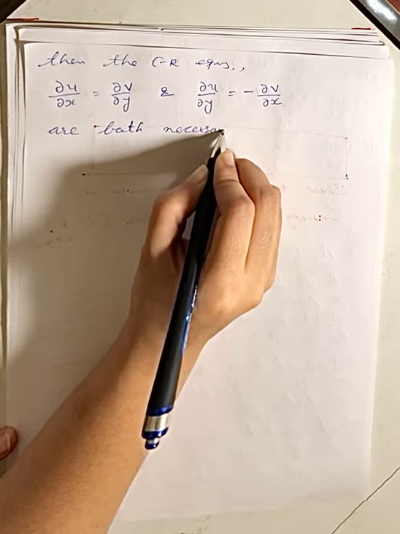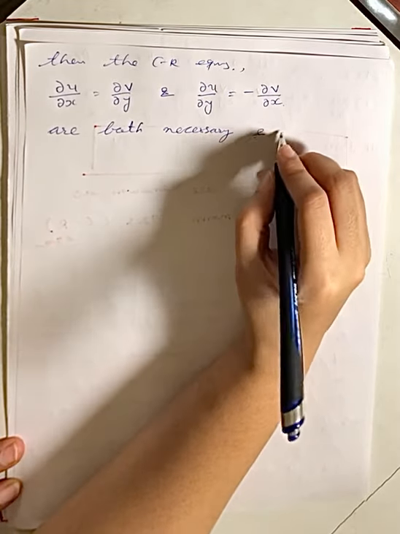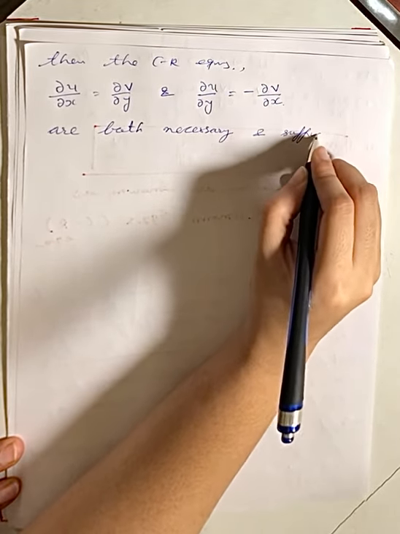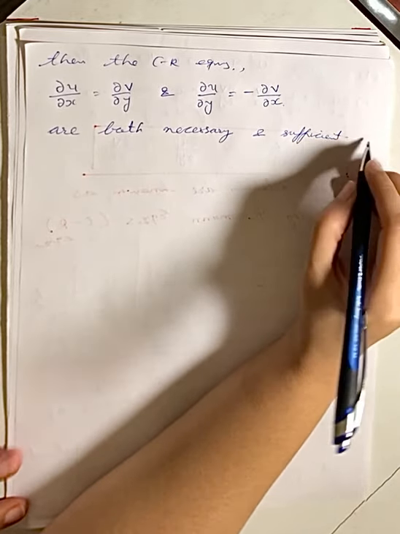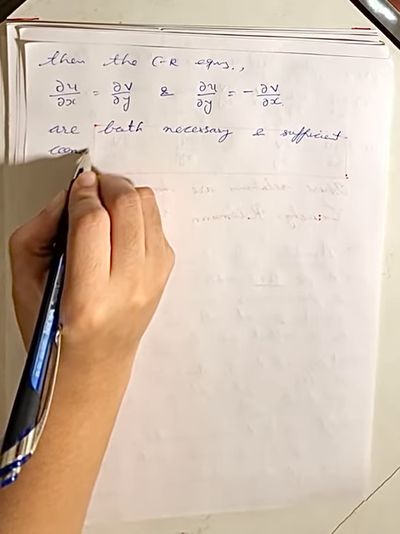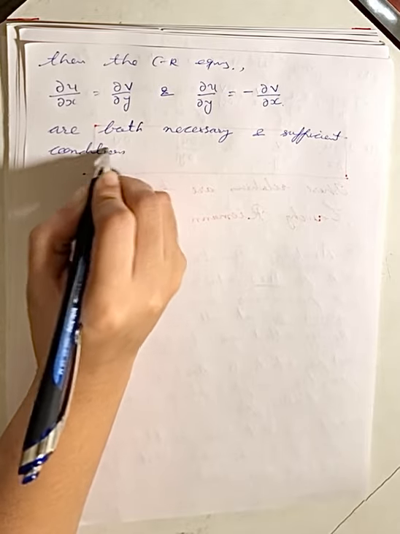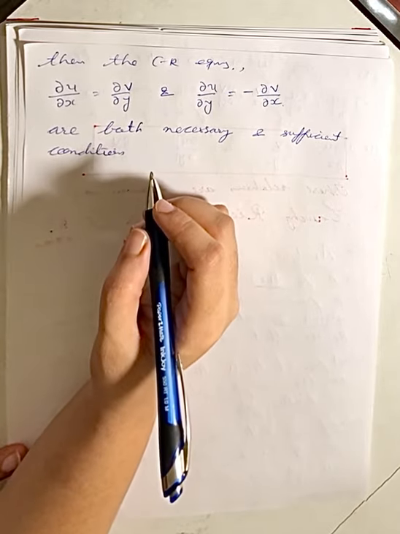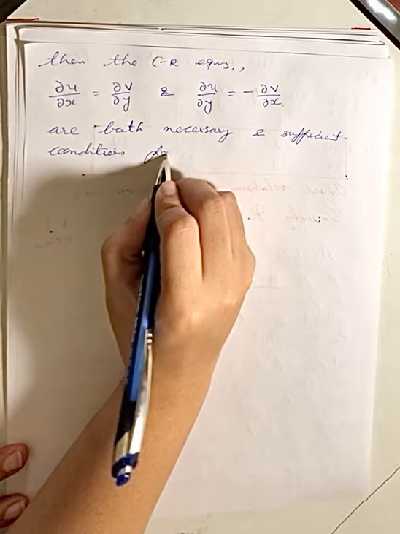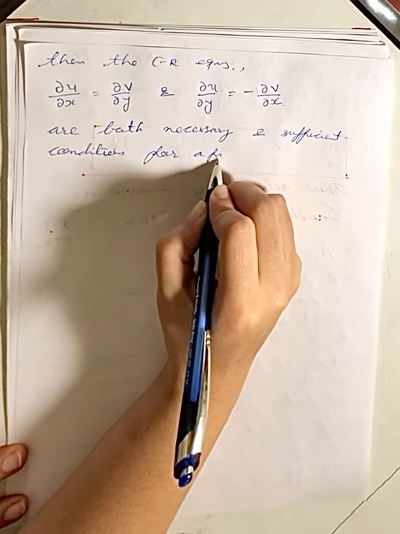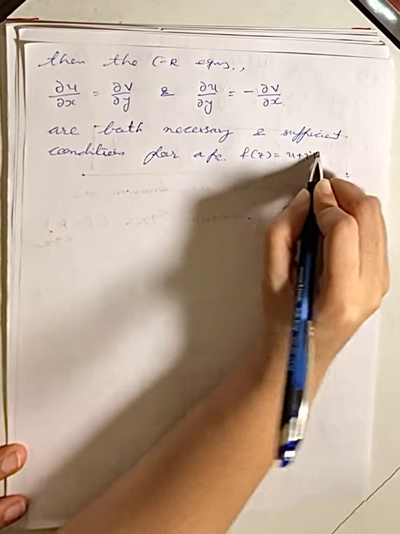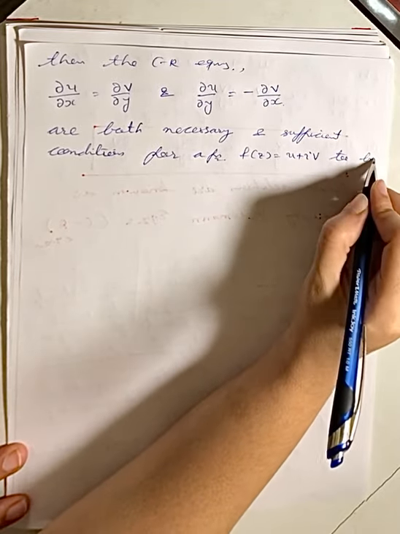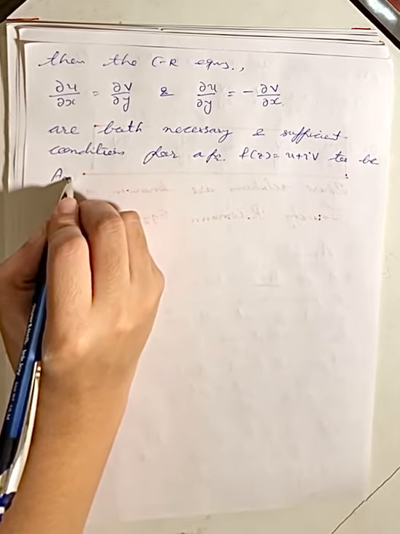These conditions are both necessary and sufficient for a function f of z equals u plus iv to be analytic.